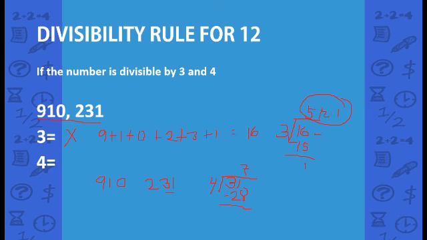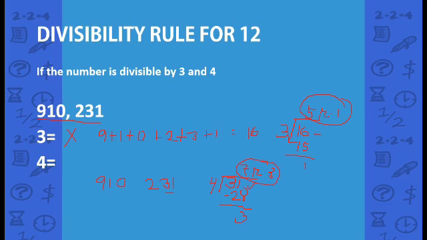Now, 31 minus 28 is 3. So, the answer is 7 remainder 3. Again, answer is 7 remainder 3. So, meron ding remainder. Meaning, ang 31 ay hindi divisible by 4.